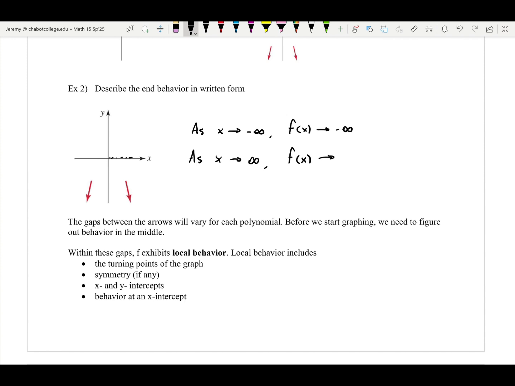Are they going up or are they going down? Are they going to positive infinity or to negative infinity? Well, it's also going down as we look to the right. We're going down on both sides here. So f of x will also be approaching negative infinity as x gets large.